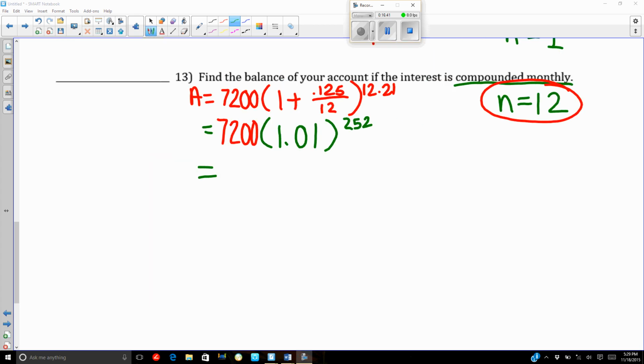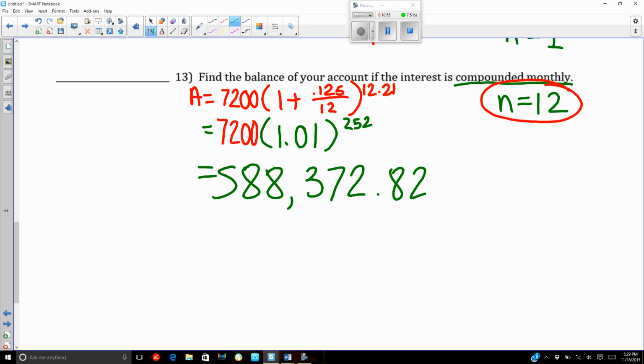So if you did the exponent before the multiplication, you should have gotten $88,372. And to the nearest cent, that would be 82 cents. So that answer goes right there to number 13. You can pause it if you need more time to copy that down to work.